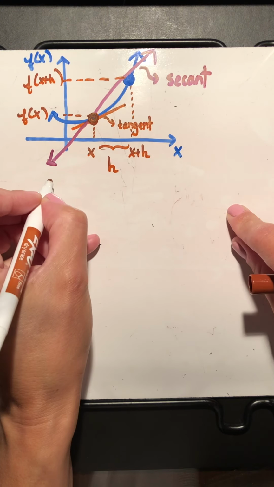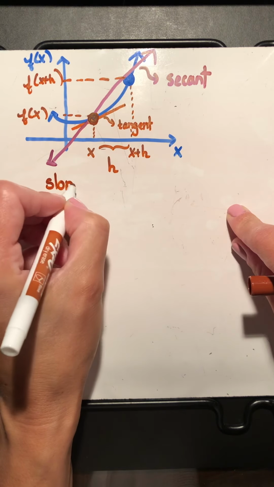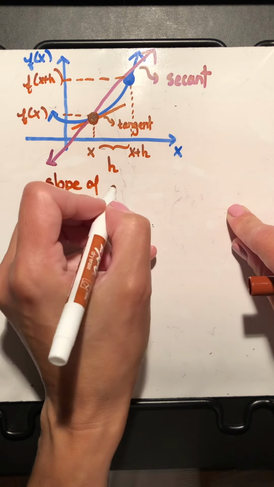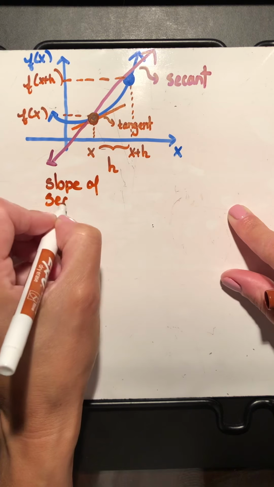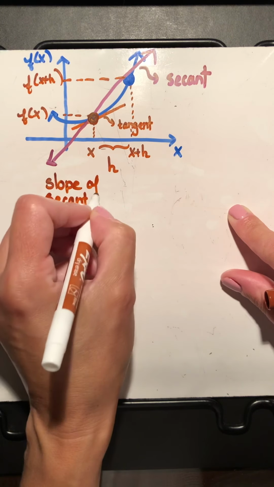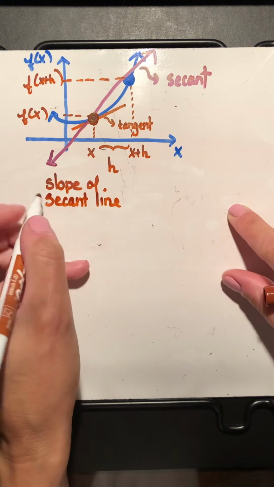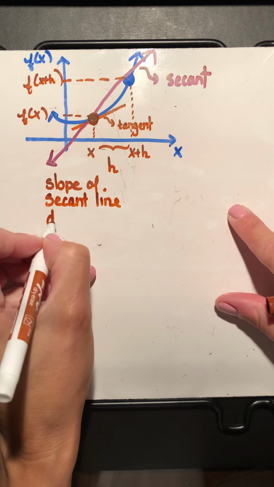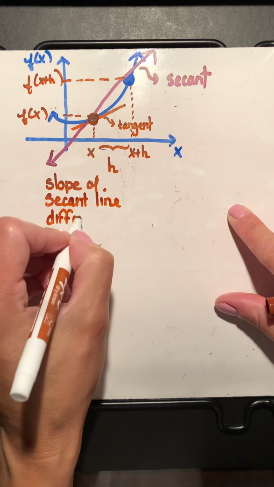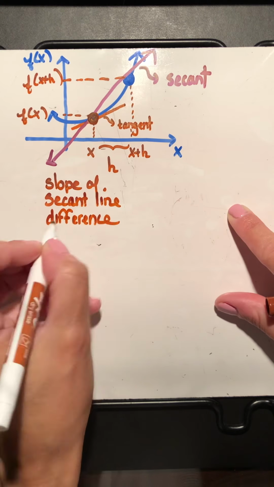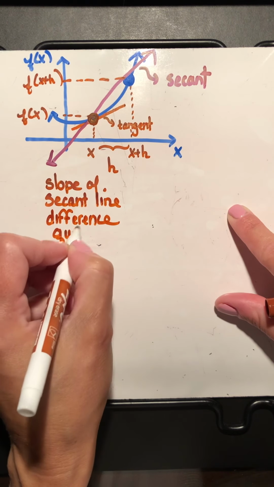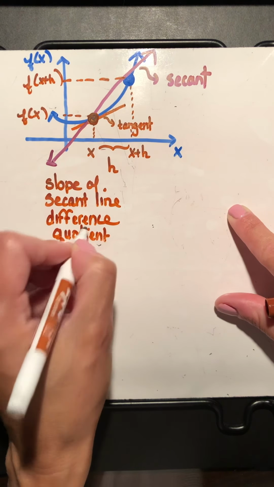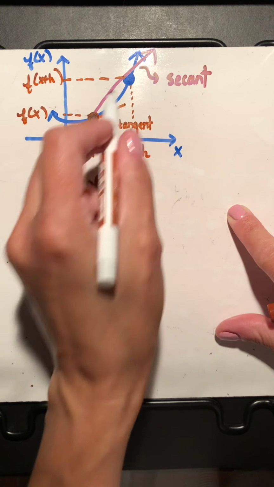If I want to calculate the slope of the secant line, and remember, importantly, that is called the difference quotient, I would simply calculate slope between the 2 points.